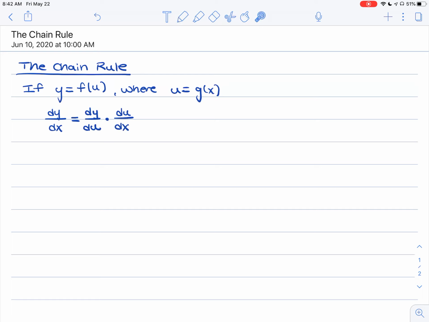So basically what this is saying is we start by finding the derivative of the function on the outside, and then we multiply that by the derivative of the function on the inside.